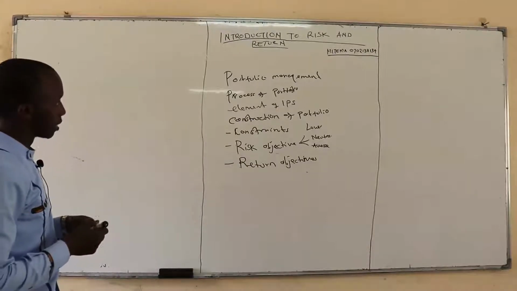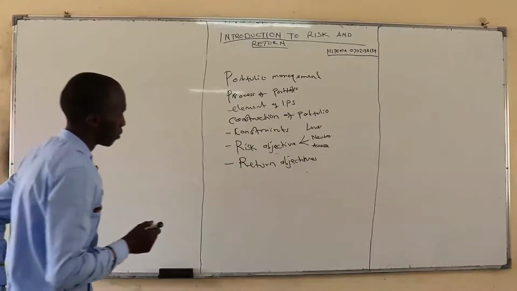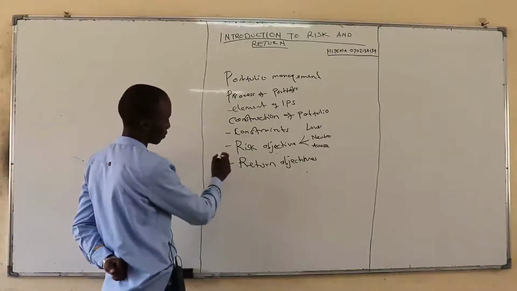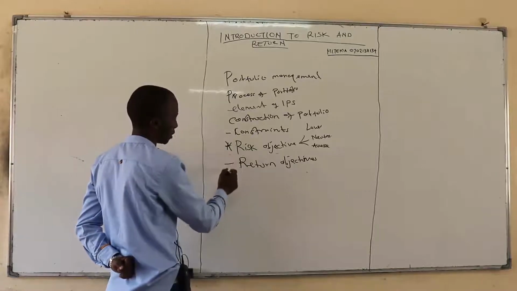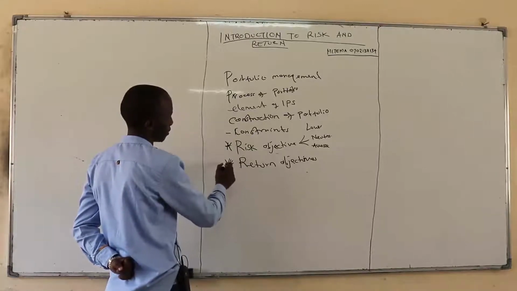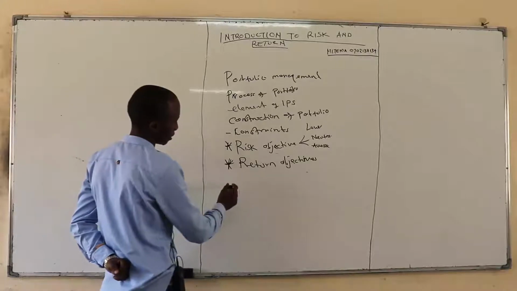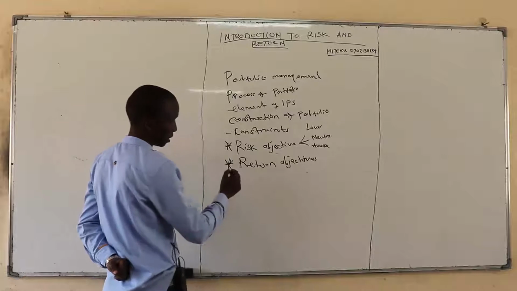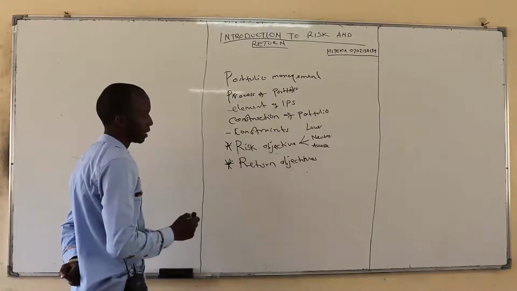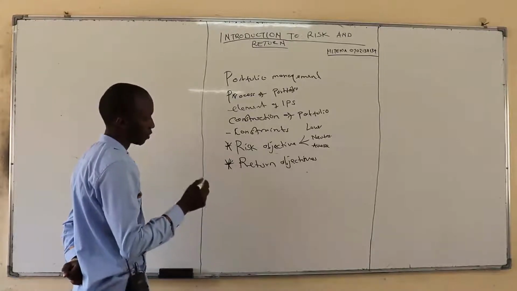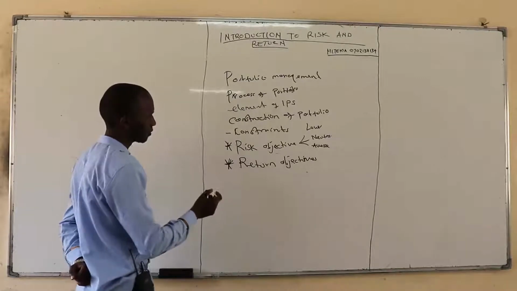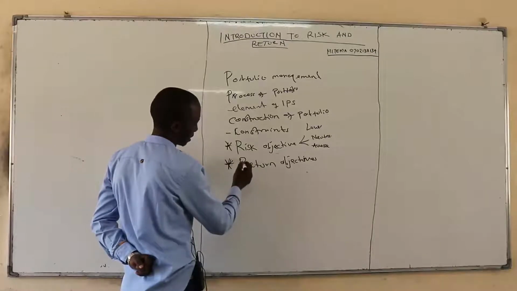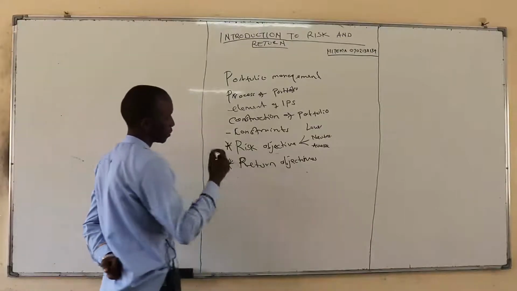As a portfolio manager, one of the key issues he or she is concerned about is the risk objectives and the return objective of the investment. For the project that he or she is going to undertake, he must do what we call risk analysis of that project. After that, again, he must look at the returns that the project is going to generate.